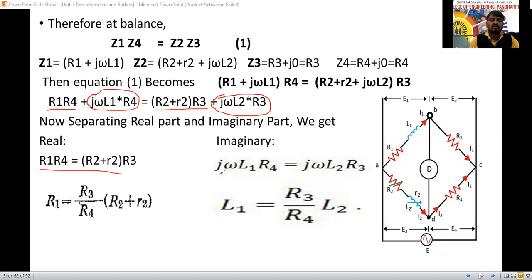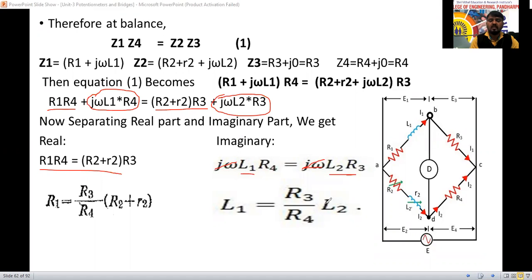For the imaginary terms, j omega is there on both sides, so j omega gets cancelled. Yes? Does it cancel or not? Yes, sir. So from this equation, we can write L1 equal to L2 R3 divided by R4.